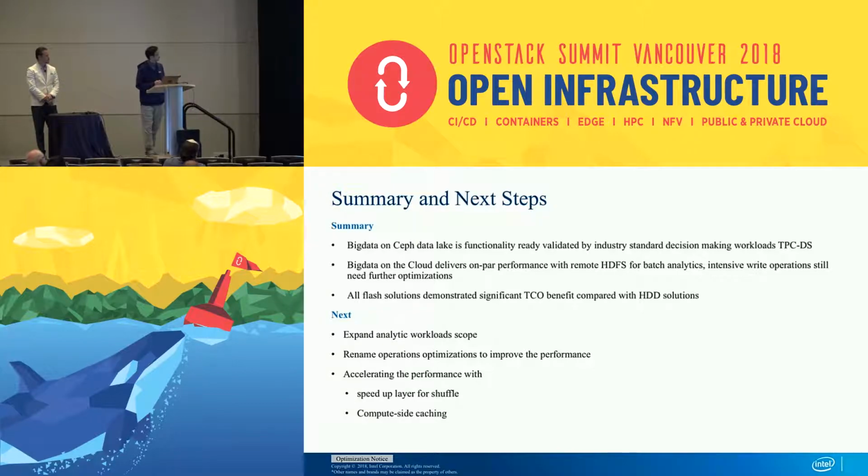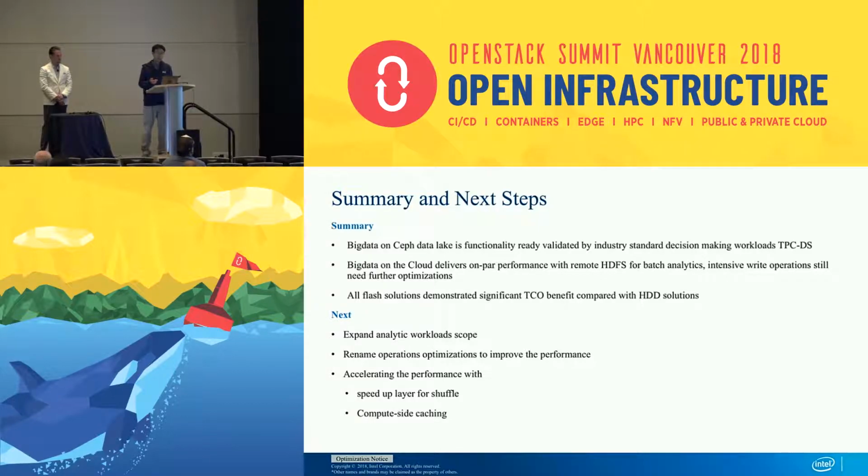And for the next step, we're going to expand to more workloads, for example, streaming workloads. And also, we are going to test the rename optimizations included in the latest Hadoop distribution. And also, we're trying to see if we can speed up the shuffle device with a local NVMe device or remote RBD device.